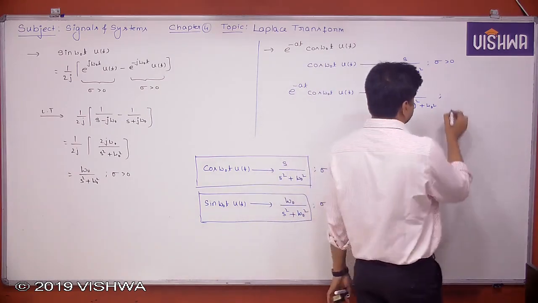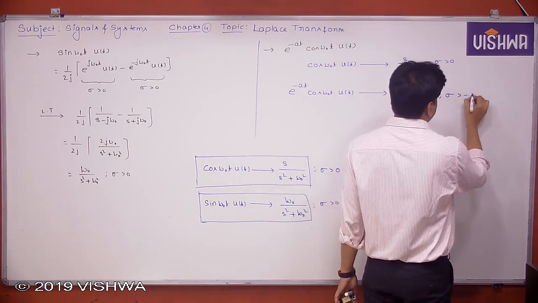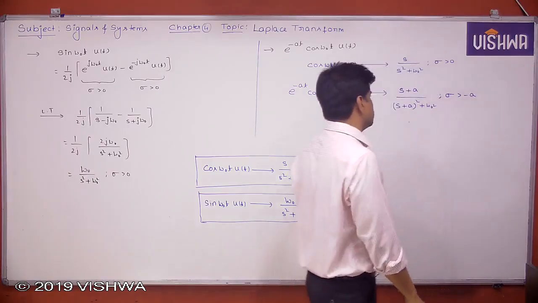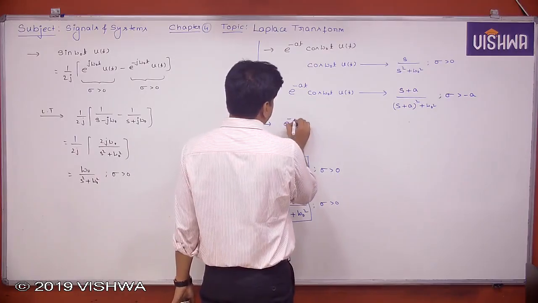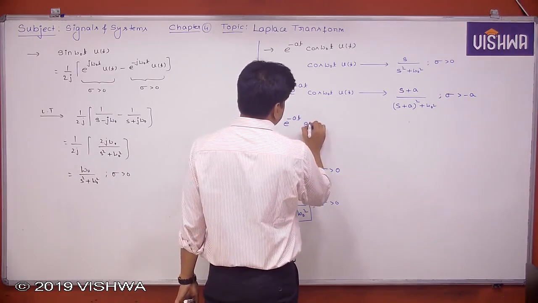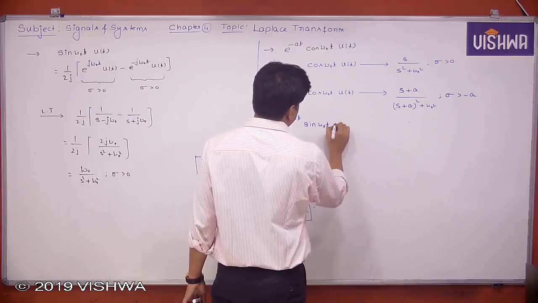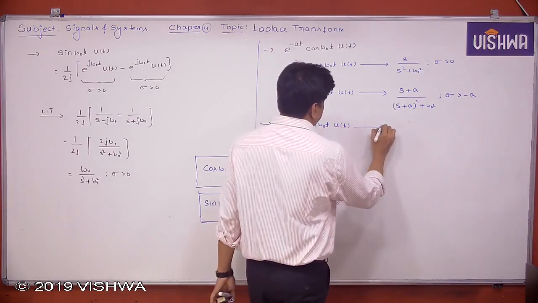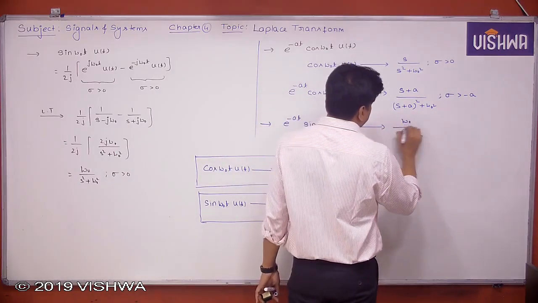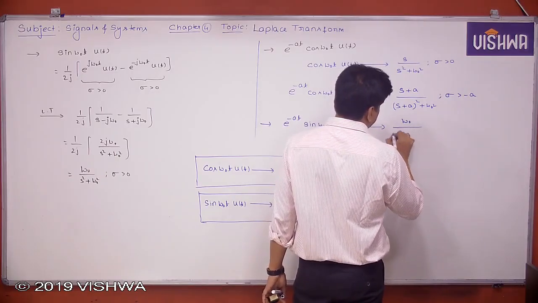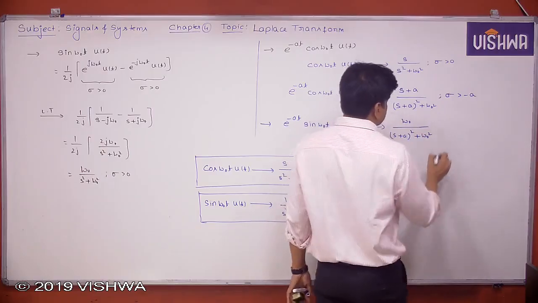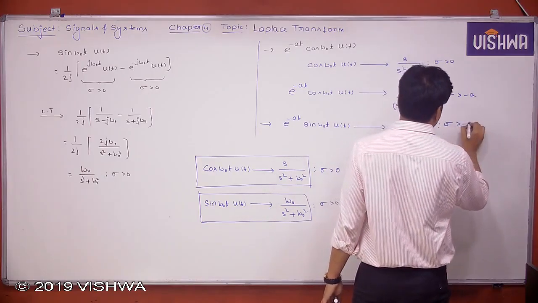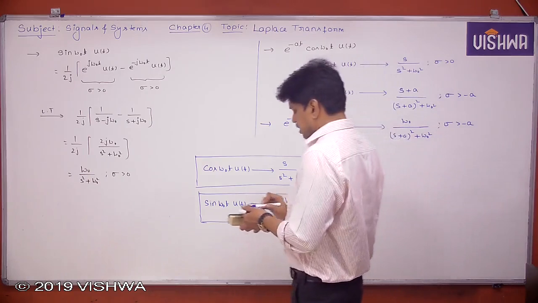So sigma greater than minus a. In the similar manner, e power minus at sin omega naught t u of t has Laplace transform omega naught by s plus a whole square plus omega naught square. Here also sigma greater than minus a.